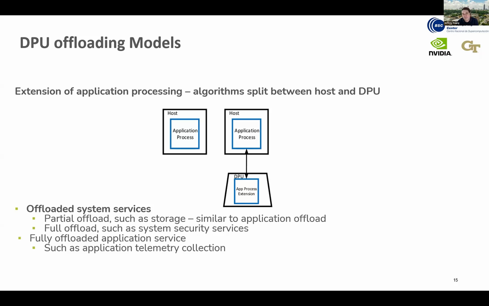But we can think about other ways to try to accelerate different functions that we don't want the host CPU to be working on. For instance, things like we talked about offloading sort of interactions with storage, writing things to storage, doing sort of metadata processing, maybe doing security, encapsulation, packet processing, and filtering. Also thinking about things like application telemetry, especially as it relates to sort of the networking characteristics of the application.